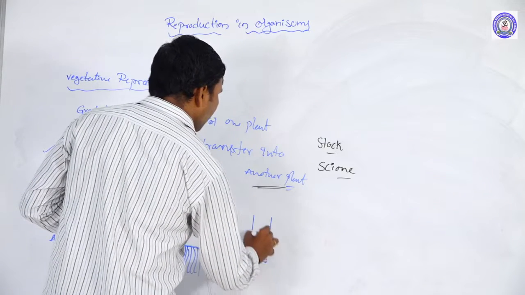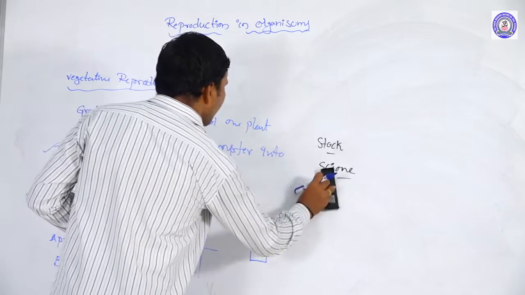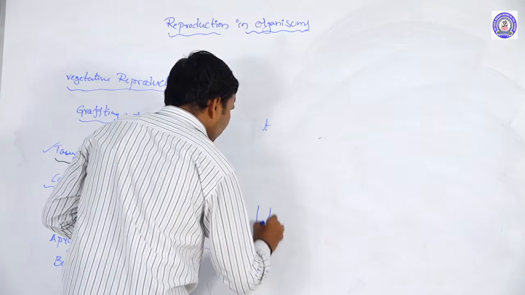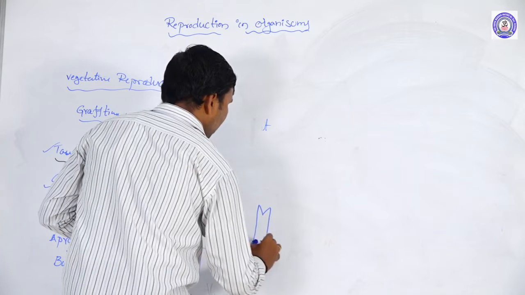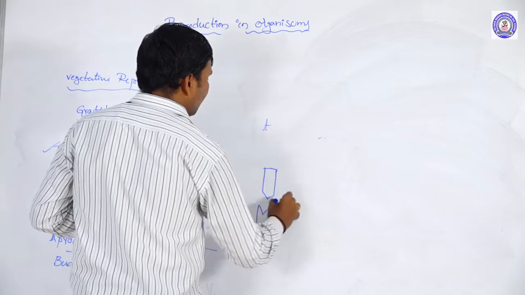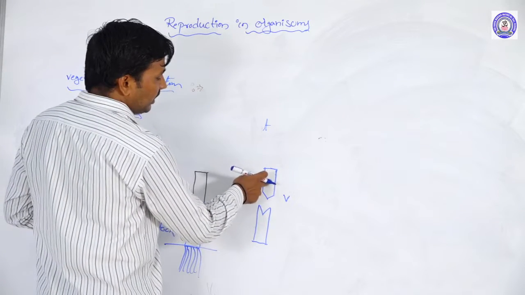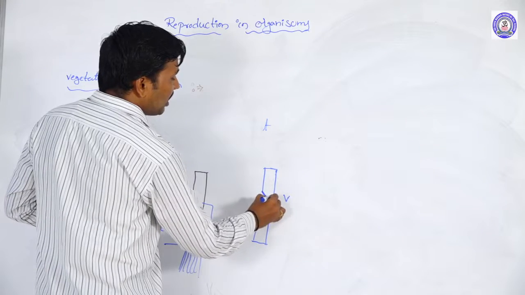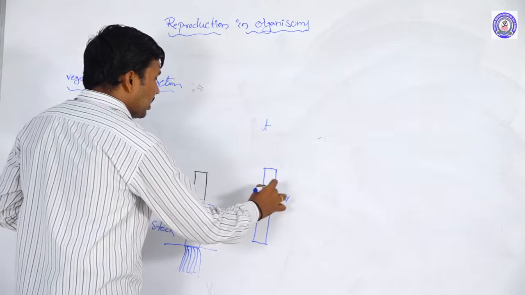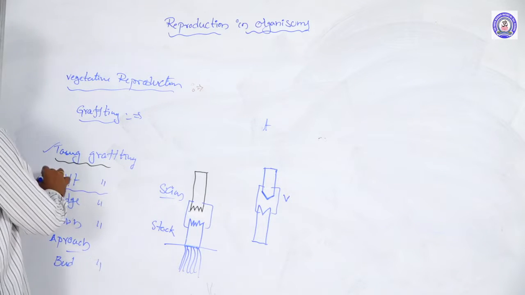Here also, both the scion and the stock should be similar in diameter. A V-shaped cleft is formed in the stock, and the scion we take has a V-shaped edge at its margin. We insert it into the cleft and tie it with a polythene cover, and allow the graft to take. This is called cleft grafting.